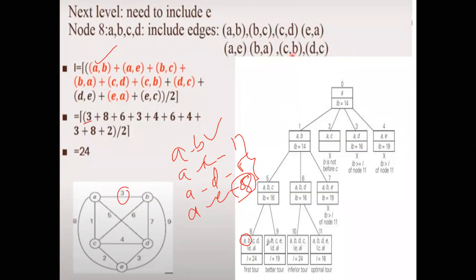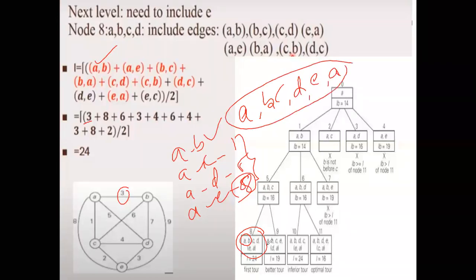So I need to consider A to E here, because if you observe this path, A, B, C, D, E, A, there is a path from E to A. So if there is a path from E to A, obviously there is a path from A to E. Even though it is 8, even though it is more, I should write A to E. Correct? So did you get this point?